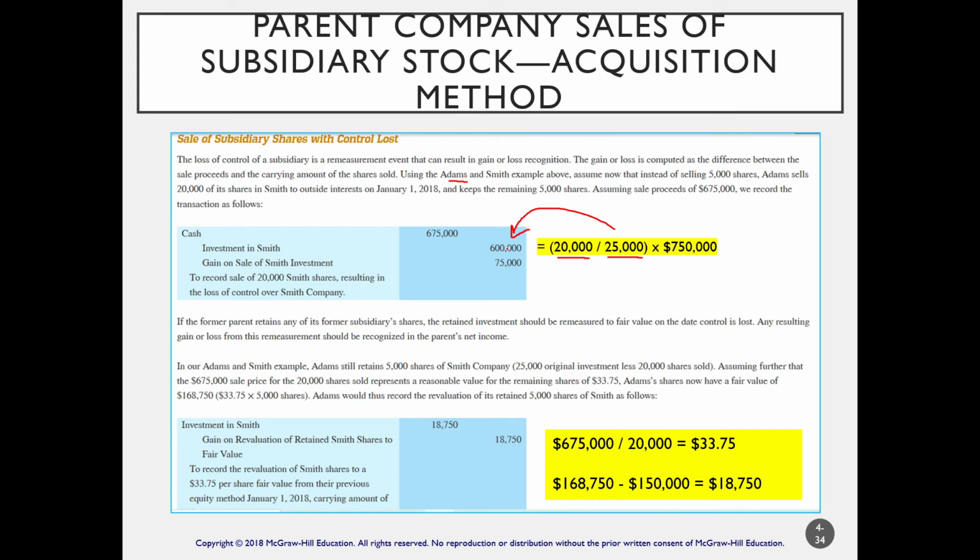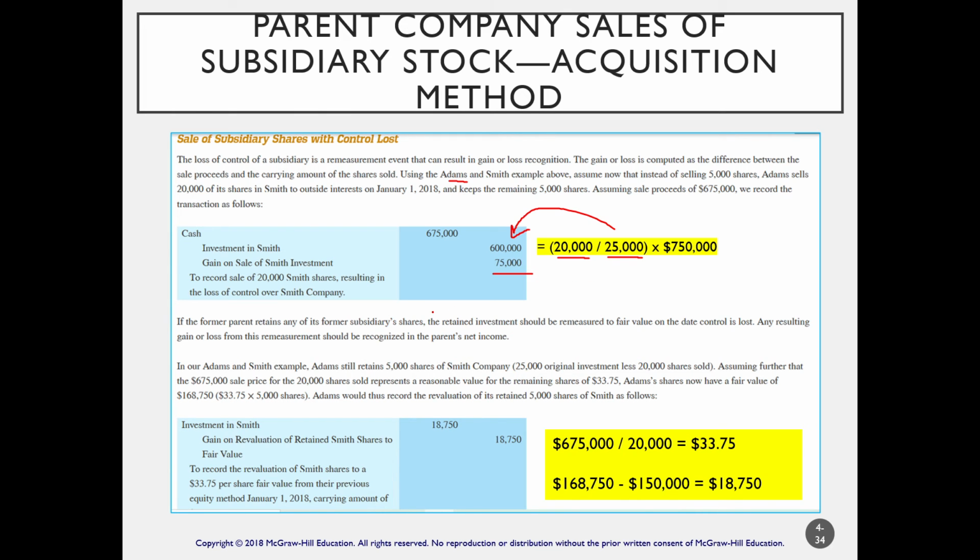We sold those 20,000 shares for 675,000. So we're realizing a gain of 75,000. In the previous slide, we didn't record a gain. We actually increased additional paid-in capital because we're saying this is an additional contribution from the non-controlling interest. But in this case, since we no longer have control, now we're recognizing a gain. So it will be treated just like a sale of any other investment.